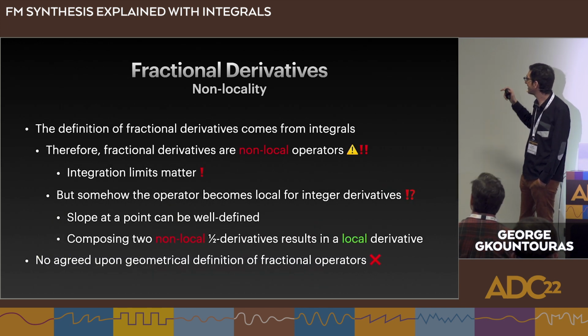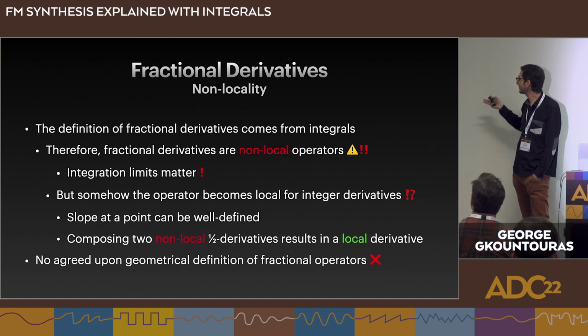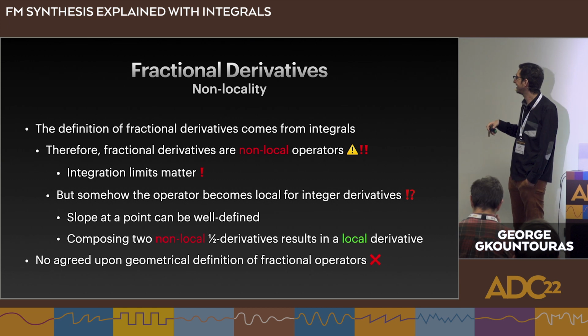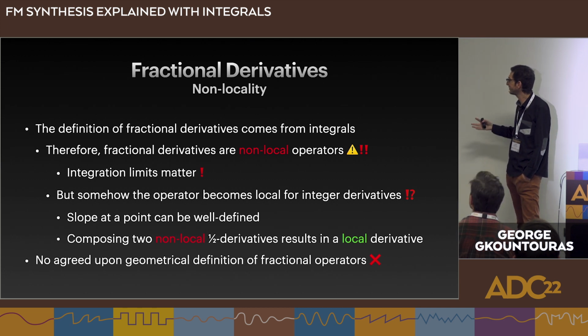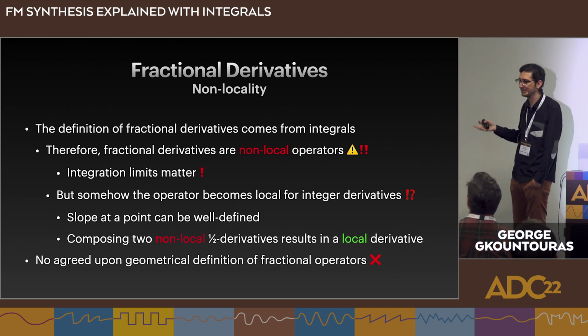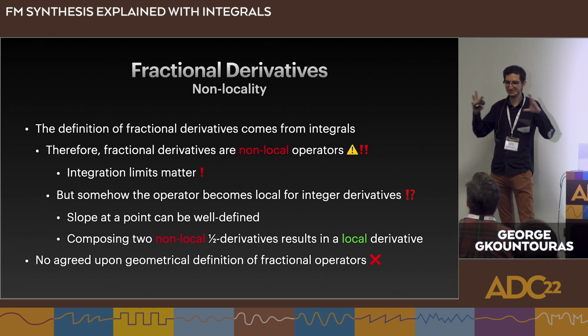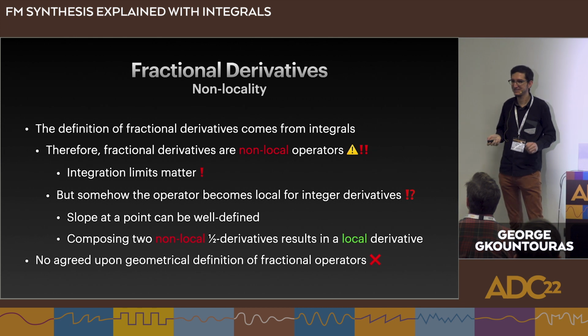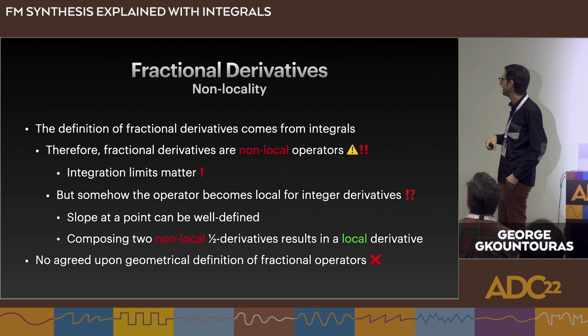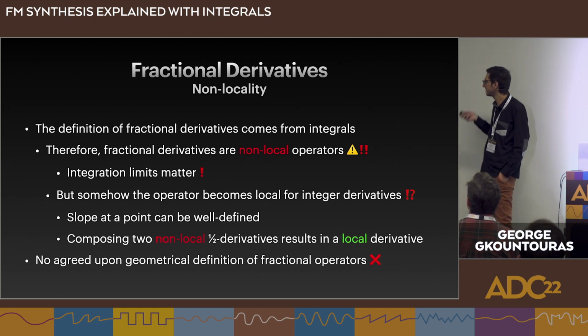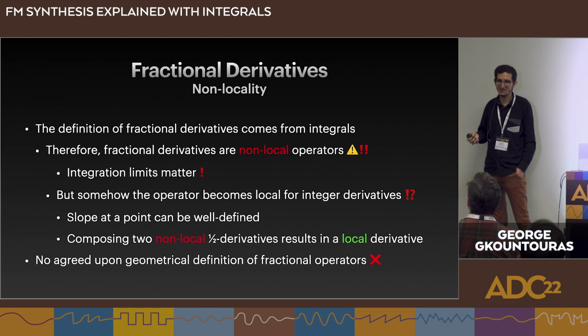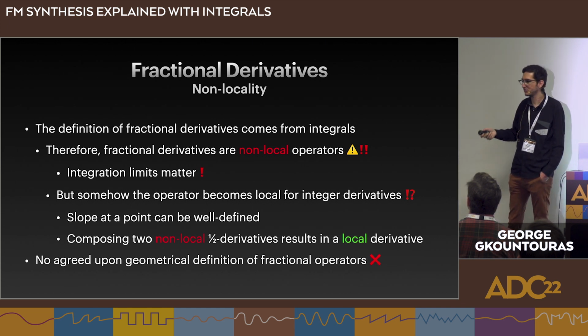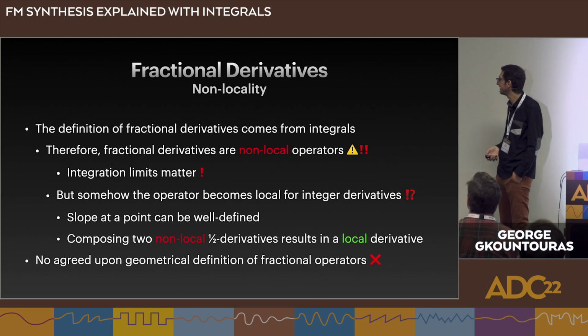Okay, so if the definition of fractional derivatives comes from integrals, there are some interesting properties that we can observe. So fractional derivatives are non-local, same as integrals, which means they extend over a range, right? The integration limits matter for our definition of a fractional derivative operator.